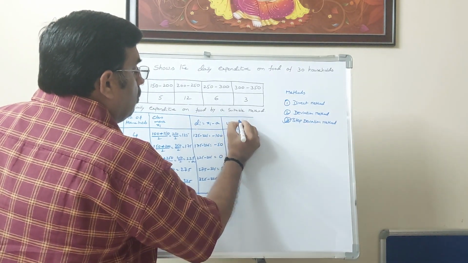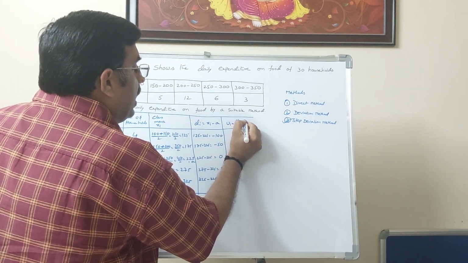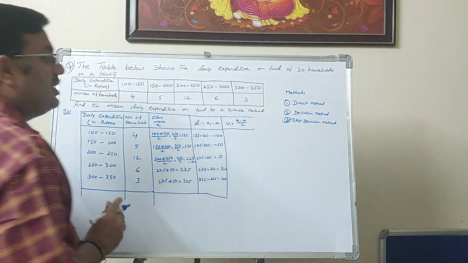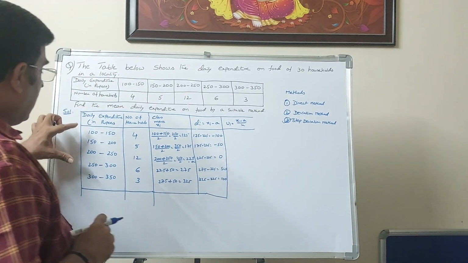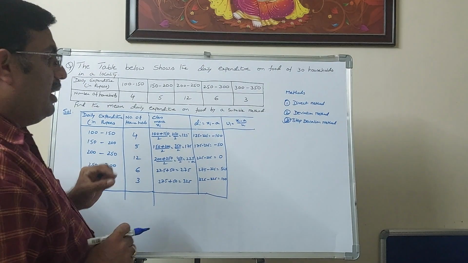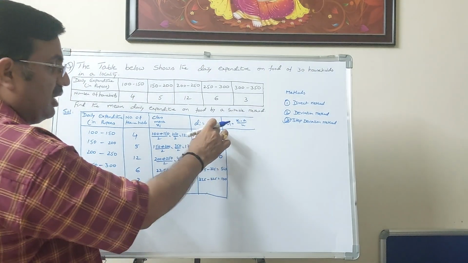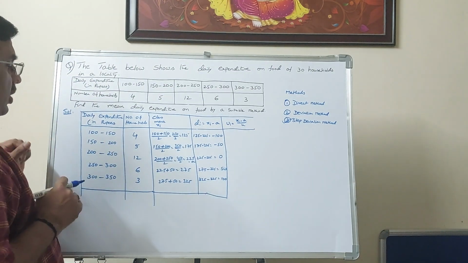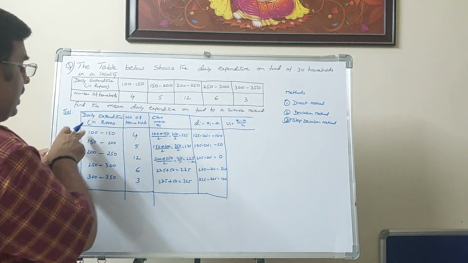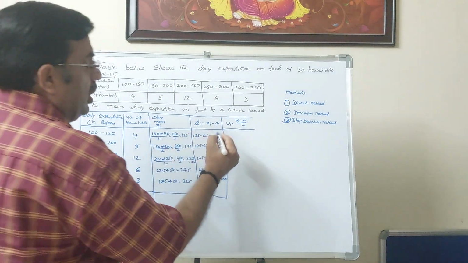Next is ui. ui is equal to xi minus a by h. h is the class size, or you can take any number which is a factor of all these numbers. Either way you can take it. I am taking the class size as 50, so h is equal to 50.